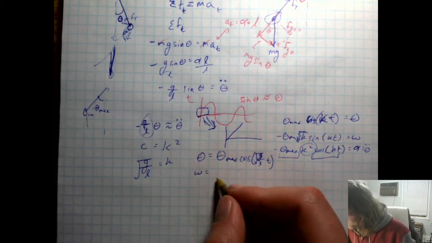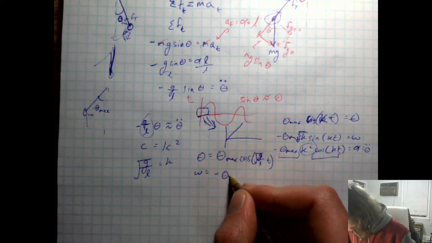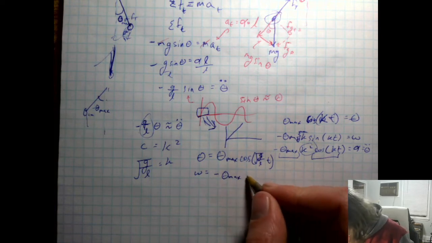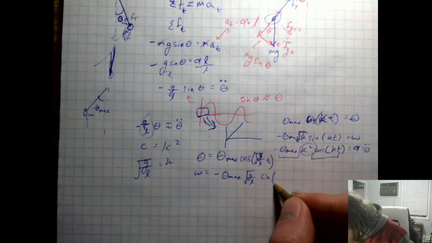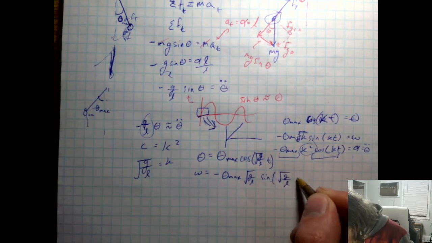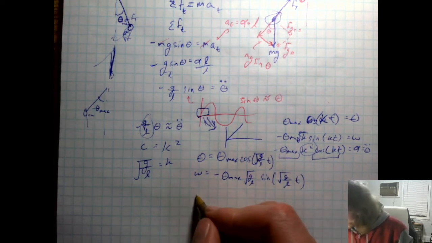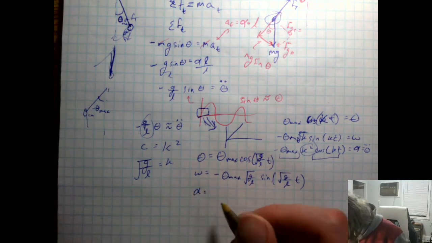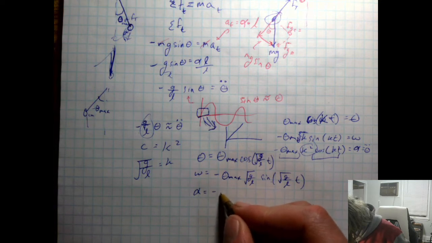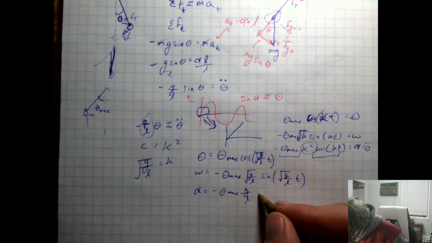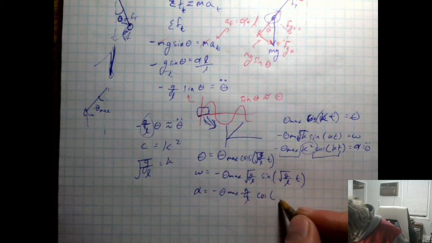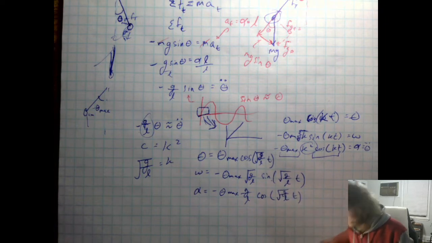And our omega is going to be equal to negative theta max times root g over L times the sine of root g over L times our time. And our acceleration is going to be equal to negative theta max times g over L times the cosine of root g over L times our time.